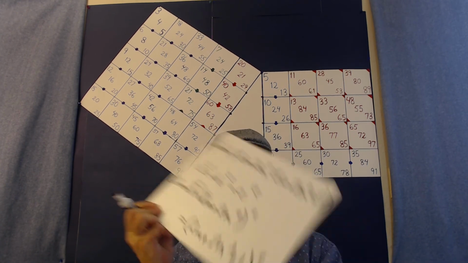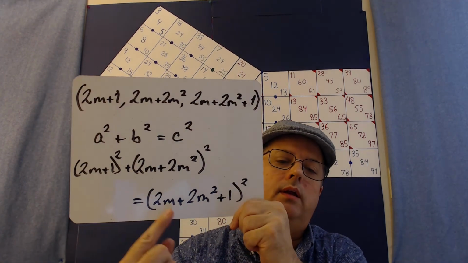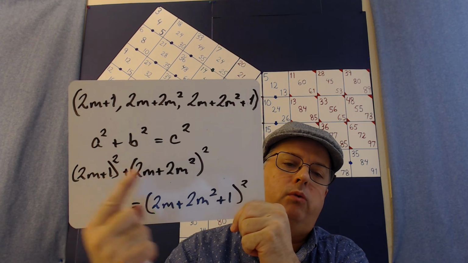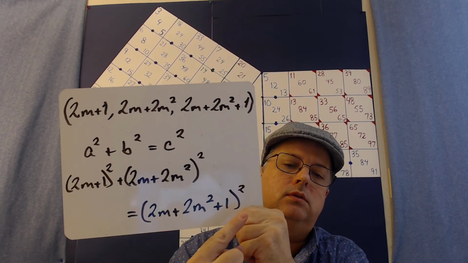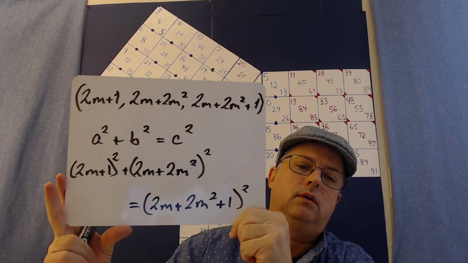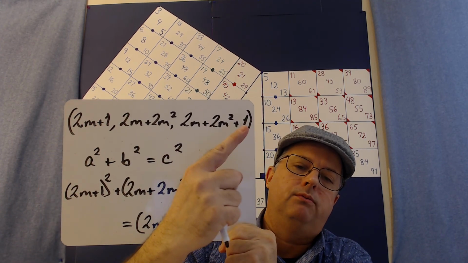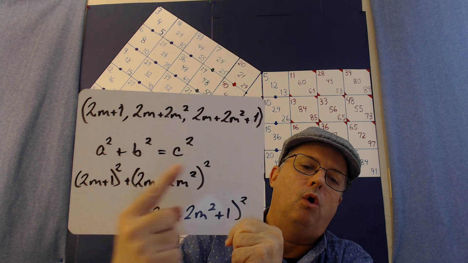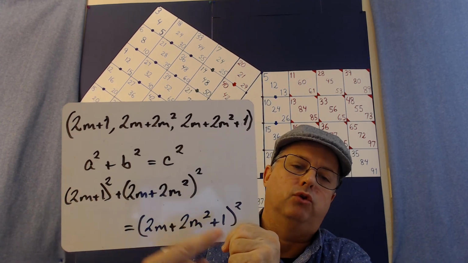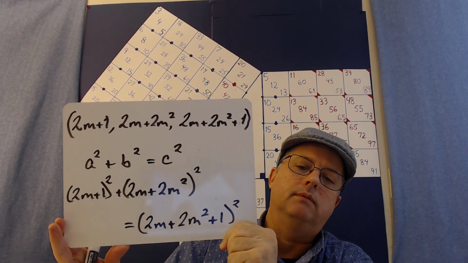Okay, so this is what you want to tune in next for, that a squared plus b squared equals c squared. That's what we're going to show next, so that we can prove that this formula is a solution for the Pythagorean theorem all the time.